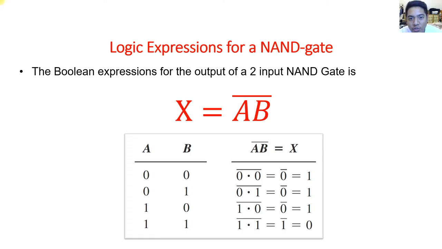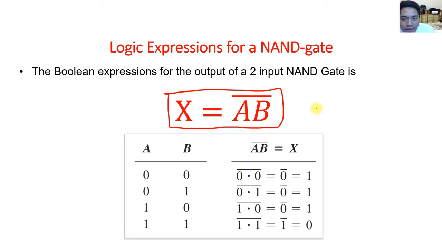The Boolean expression for a 2-input NAND gate is the output X equals AB complement. Meaning, you multiply A and B, then you get the complement. Let's say A equals 1 and B equals 1, so you have 1 times 1 complement. 1 times 1 would be 1, and the complement of 1 would be 0.